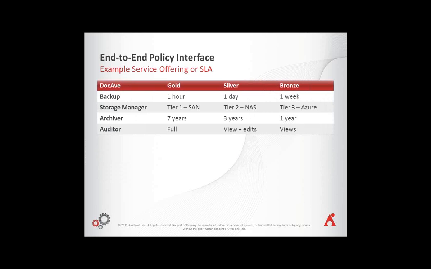Okay, and then what we're starting to see, although this is a bit more of a long-term roadmap that we expect some of our customers to go through, is how they can break the service offering up into different qualities of service, or really just different service level agreements. So you might see some of the larger organizations looking to provide different qualities of service in terms of gold, silver versus bronze, where you have different capabilities in terms of backup and archive and permissions and things like that.